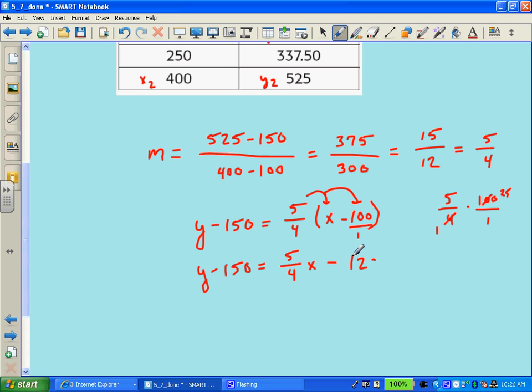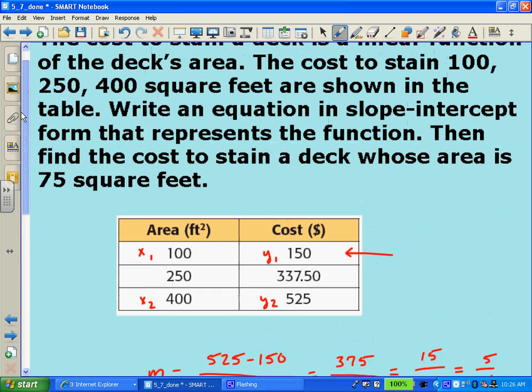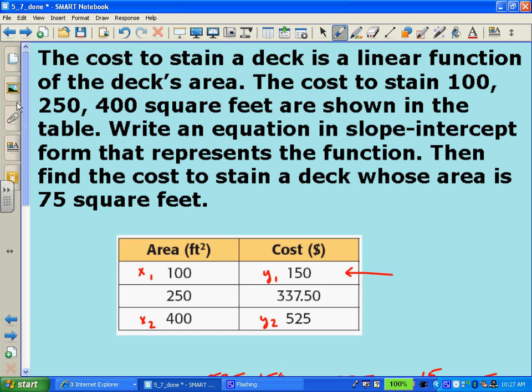And 5 times 25 is 125. And then I'm going to add the 150. So I get y equals 5 fourths x plus 25. So there's my equation in slope-intercept form.